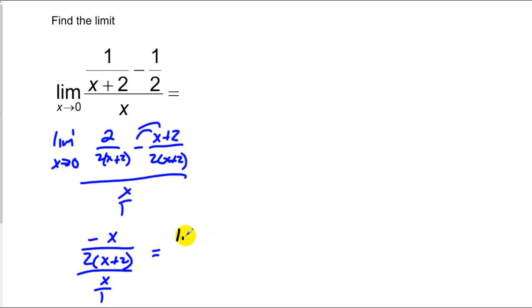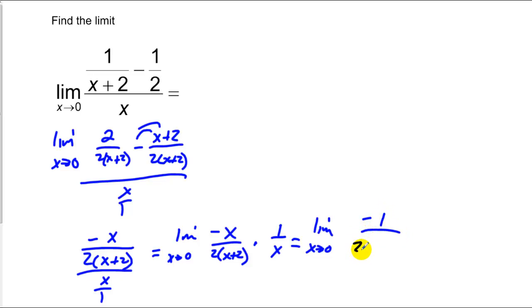I get the limit as x goes to 0 of negative x over 2 times x plus 2, multiplied by 1 over x. Notice the x's will reduce, which gives me the limit as x goes to 0 of -1 over 2 times the quantity of x plus 2.